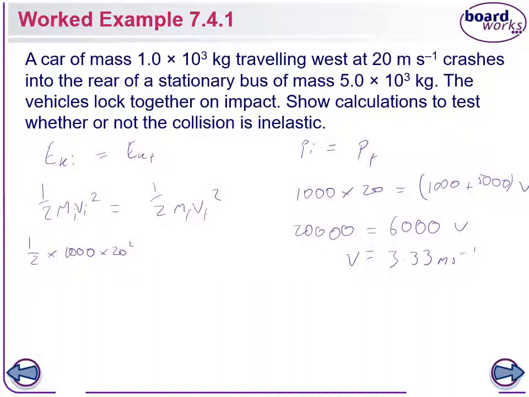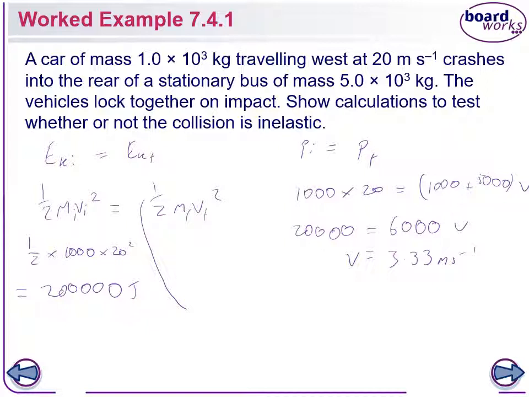That is equal to 200,000 joules, because we're talking about energy. For this to be an elastic collision, our final energy must also be equal to 200,000 joules. So let's see if it is.